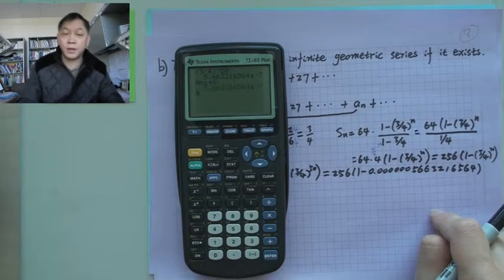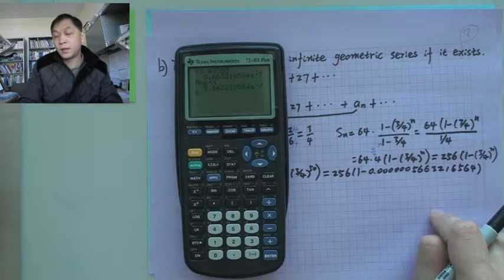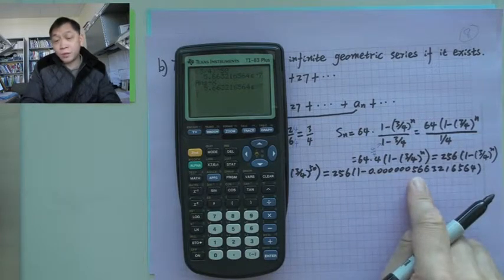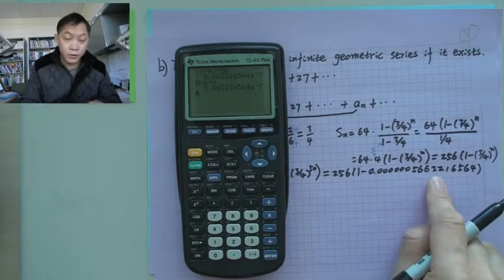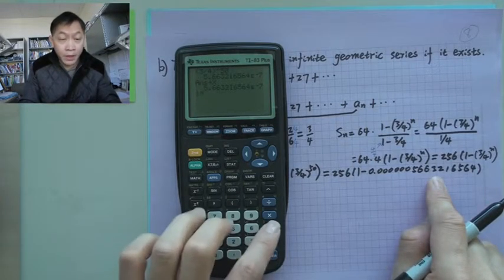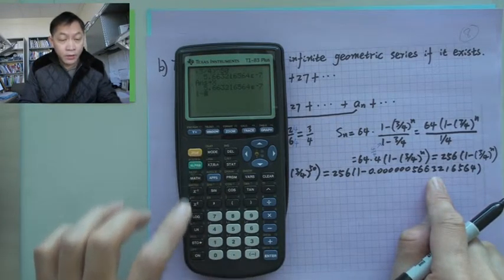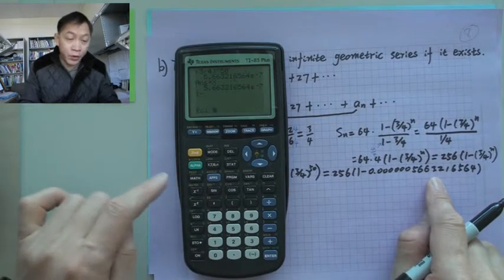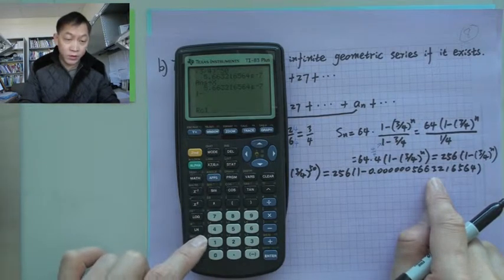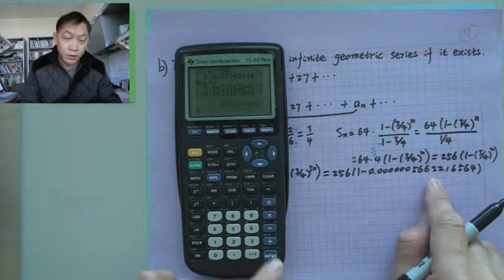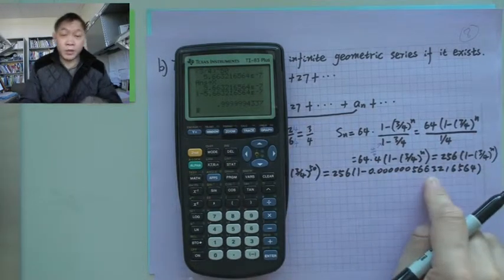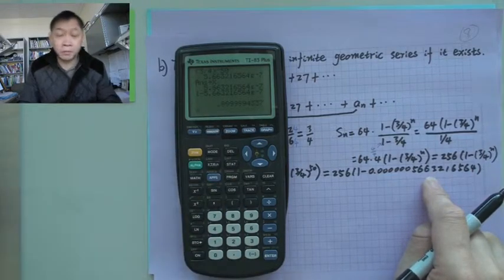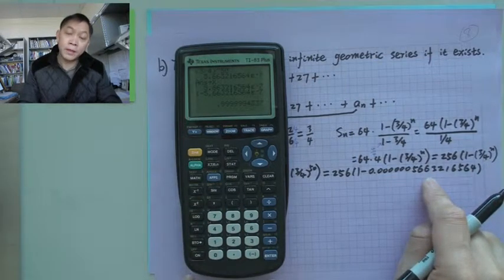variable x. Okay, now 1 minus this number, apparently this number is very small, so you can use 1 minus, get this number out. You want to recall this number from x, so you see this 1 minus this number is quite close to 1.